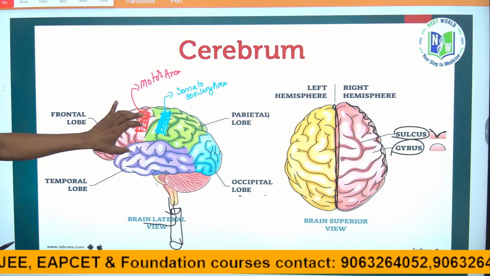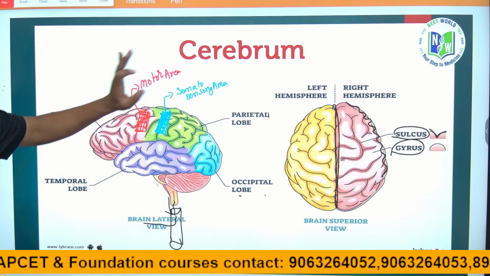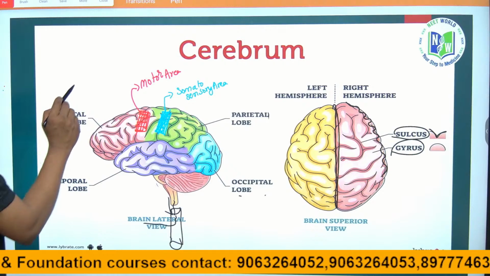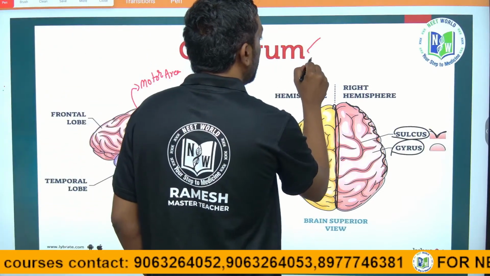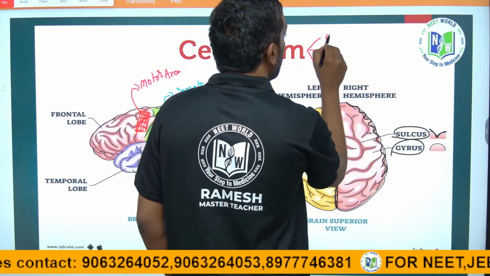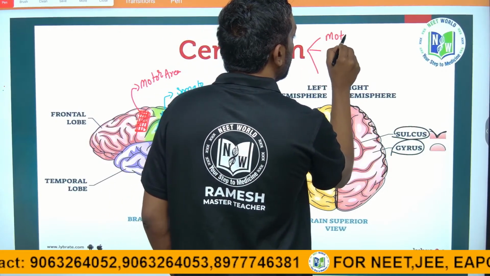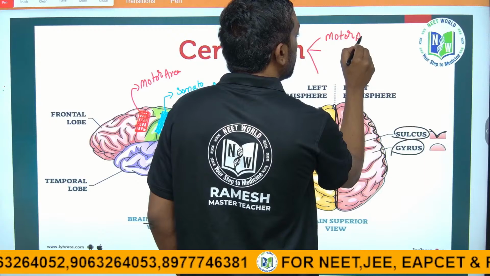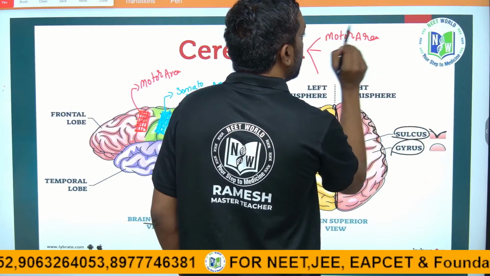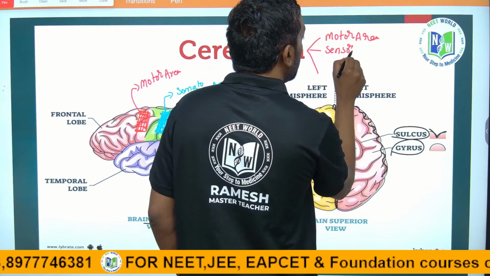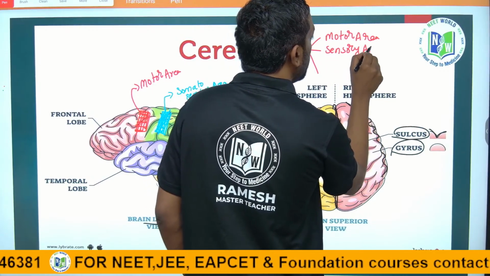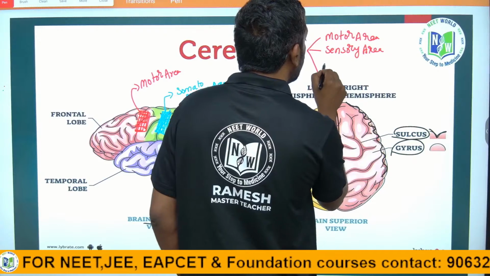So in the cerebrum there are areas: the motor area, the sensory area and the association area.